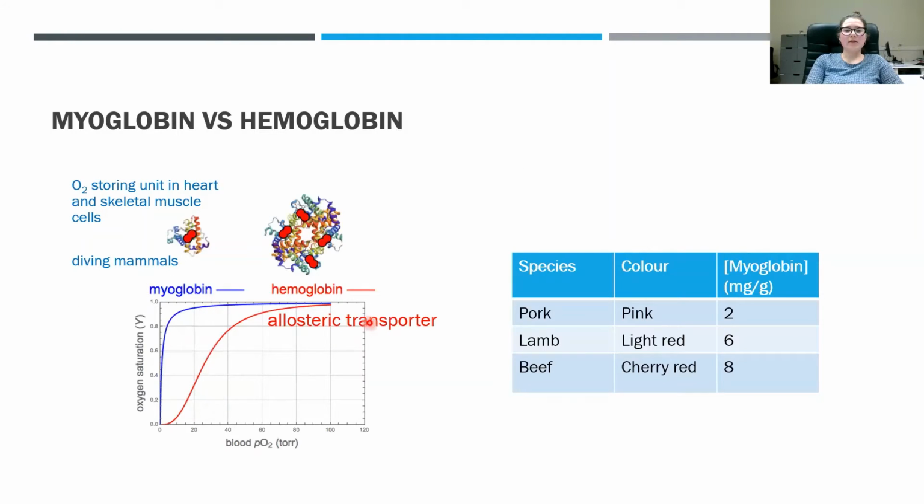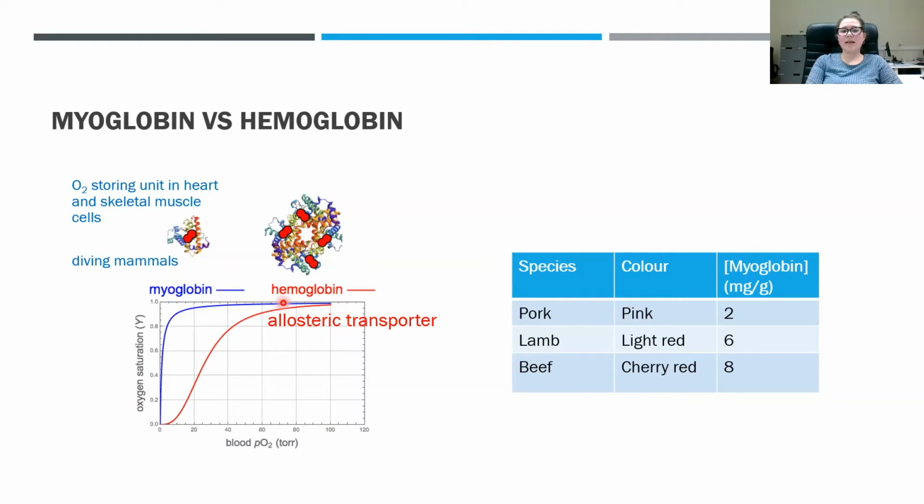So hemoglobin is an allosteric transporter. It transports oxygen very efficiently. Whereas, for example, myoglobin is a storing oxygen unit in heart and skeletal muscle cells. And the thing is that it binds oxygen so tightly that when this protein goes into the tissues, not much oxygen is released, because oxygen is always bound to that myoglobin, and therefore tissues don't get much oxygen.